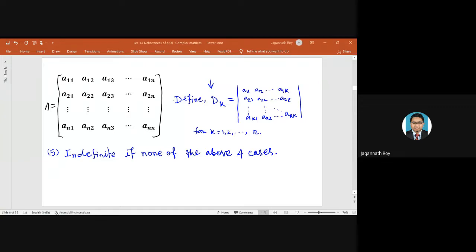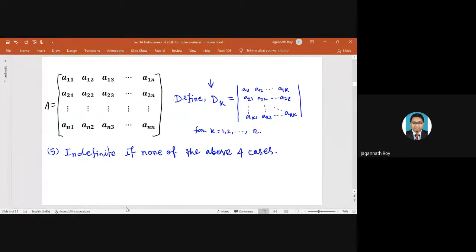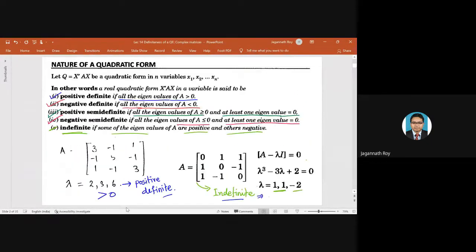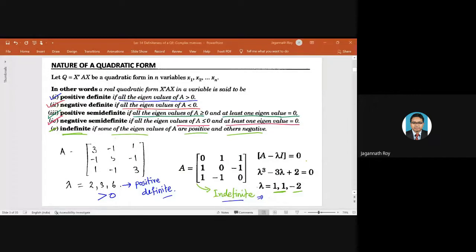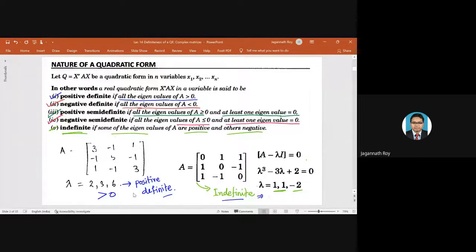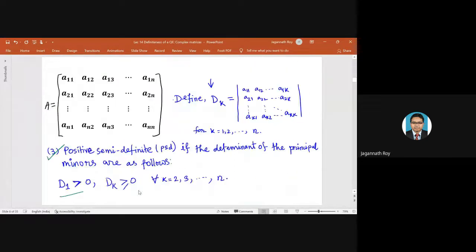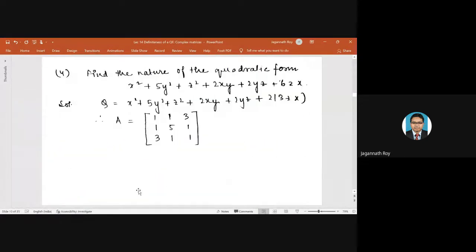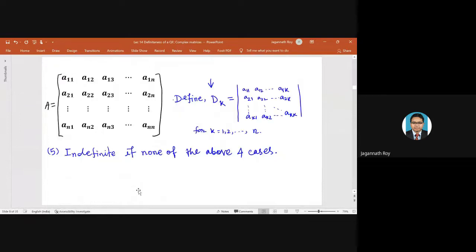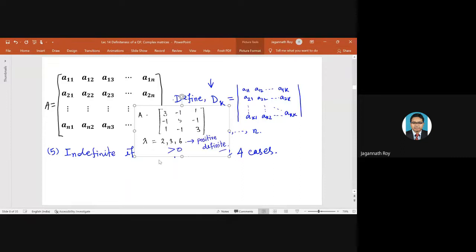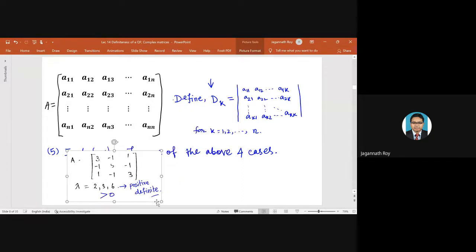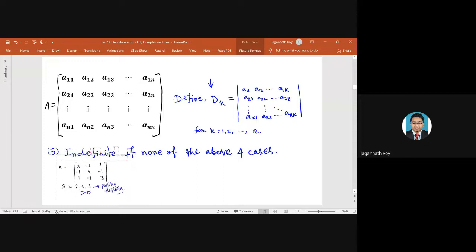Now, if you go back and check, if you remember the matrix, let me take this matrix. If you try to find out whether this is positive definite or not, you have to check what D1 is here.